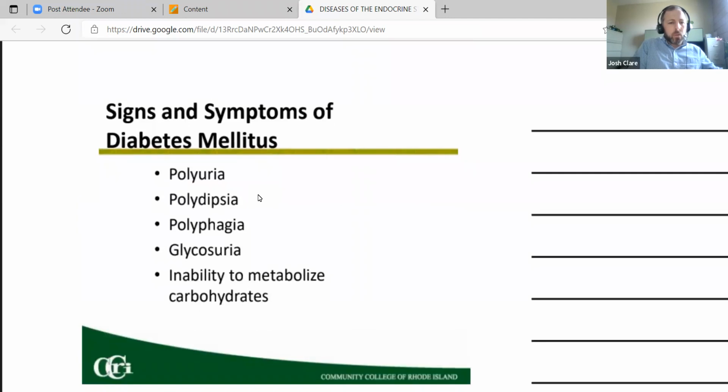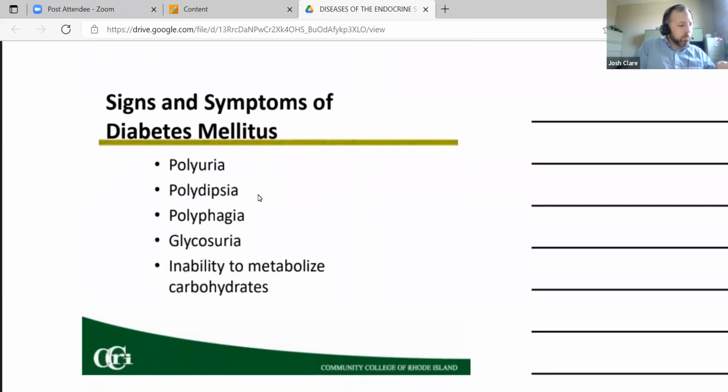So, signs and symptoms of diabetes. With the increase of blood sugar, the kidneys excrete more water, causing polyuria, which leads to a greater need to rehydrate, resulting in polydipsia. In type 1 diabetes, there's also polyphagia, which is increased hunger.